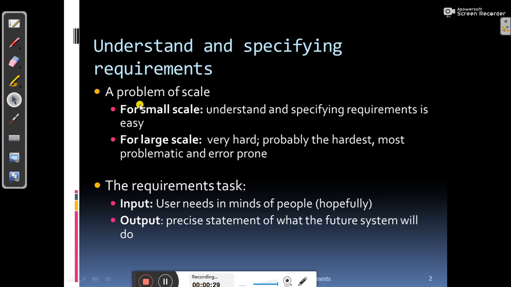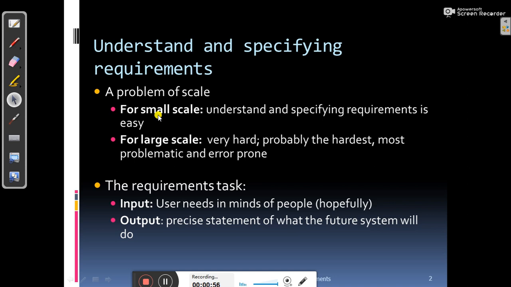Suppose you are going to develop some project so that you can try to solve a problem. That problem might be small, or it might be large. For small problems, it is easy to determine what things and specifications you will need, and it is easy to document them.